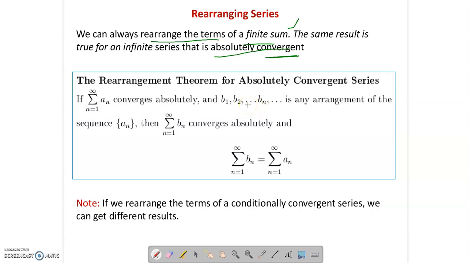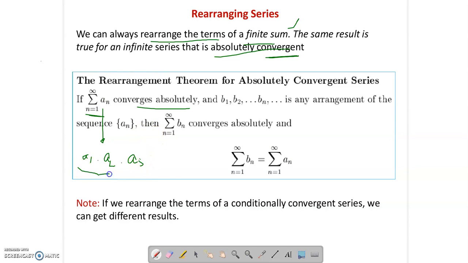That is the rearrangement theorem for absolutely convergent series, which says that if this series converges absolutely, and it was constructed from the sequence whose first term was A1, second term A2, third term A3.